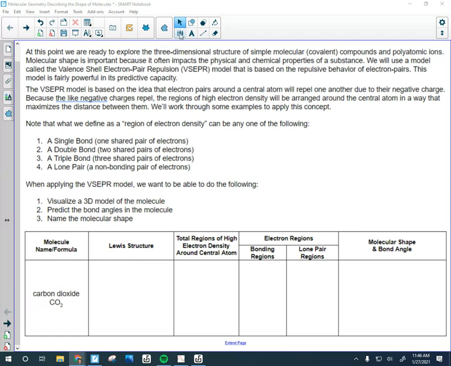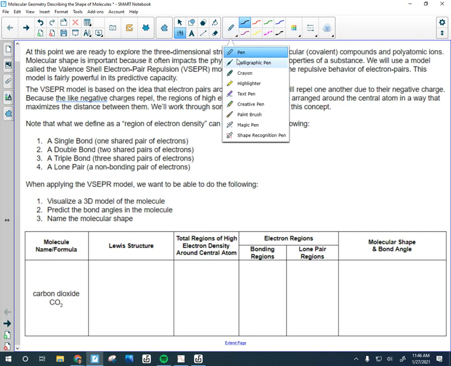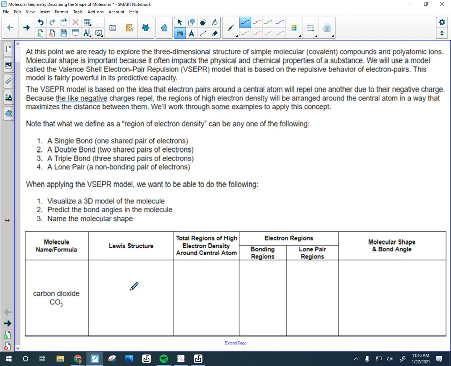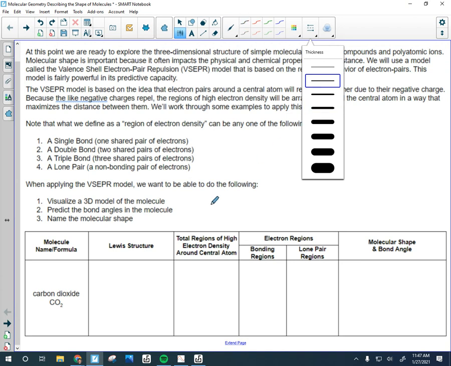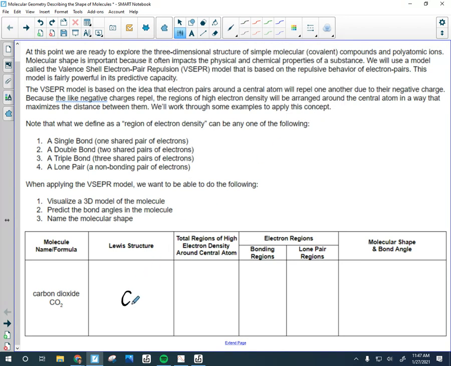The Lewis structure for carbon dioxide has a central carbon. The 2 oxygens in CO2 have double bonds.